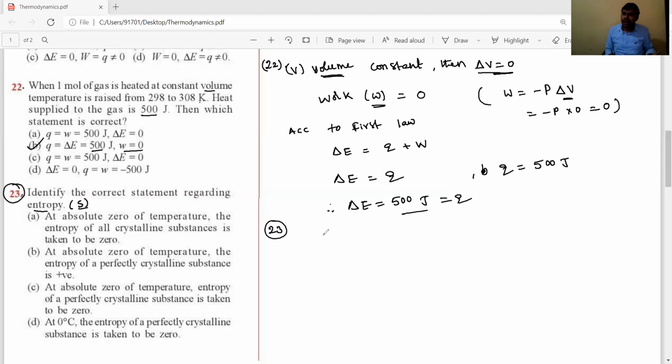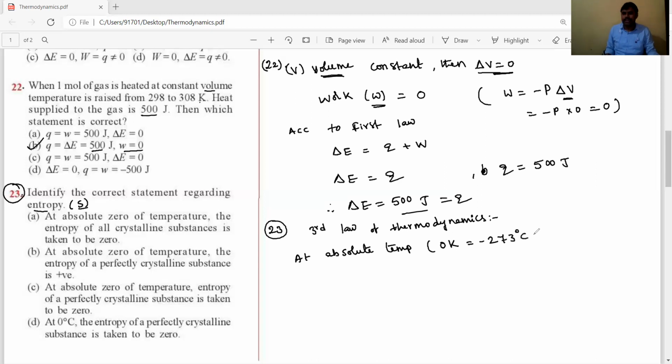Okay, what is the third law of thermodynamics? The third law of thermodynamics is nothing but at absolute zero temperature. Absolute temperature is nothing but 0 kelvins. Okay, students, 0 kelvins is nothing but minus 273 degrees Celsius.